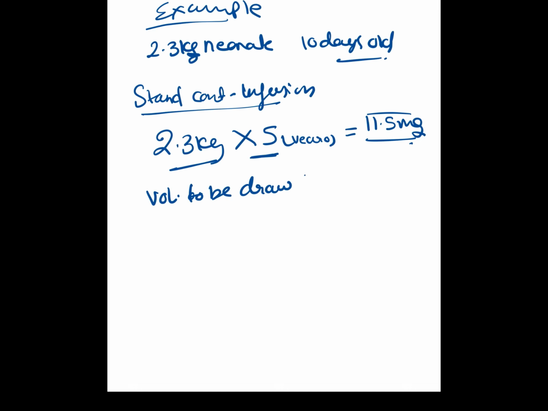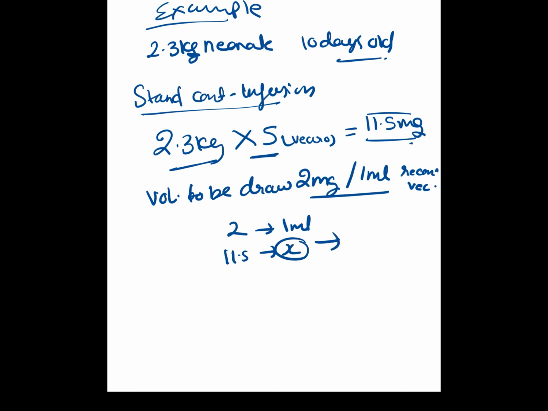I told you that the reconstitution has 2 mg per 1 ml, and now you need 11.5 mg from this reconstitution. If you do the math, it will come out to be 5.75 ml that we need.